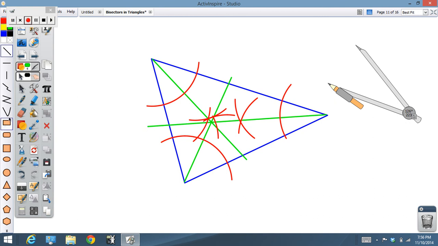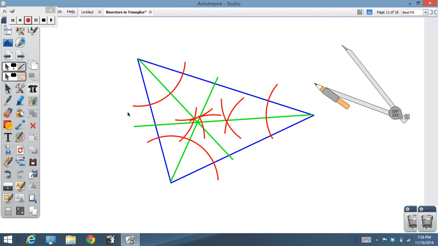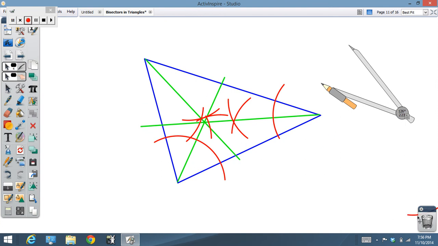And get rid of all of our red. What we have now created is another point. The angle bisectors of a triangle are also concurrent. The point of concurrency for angle bisectors is known as an incenter.